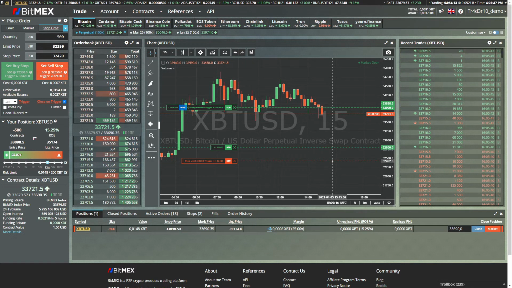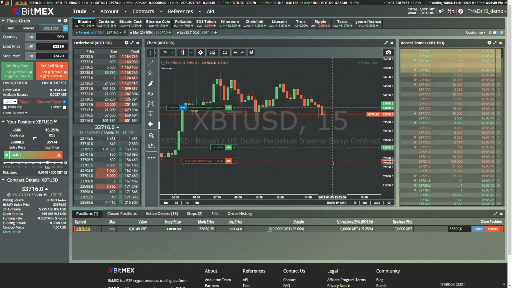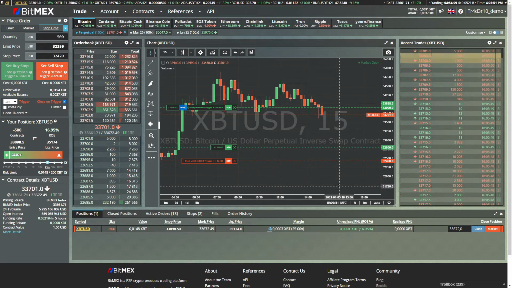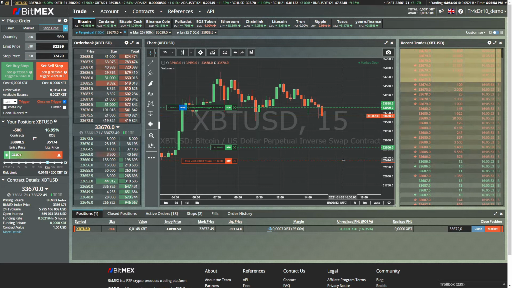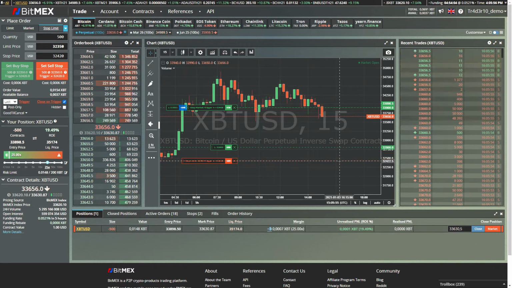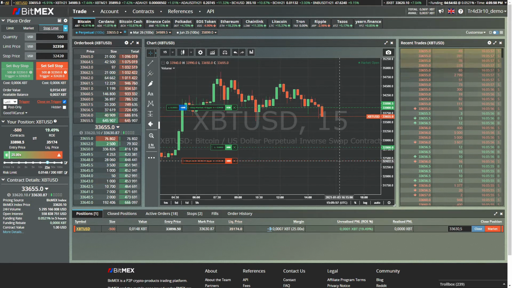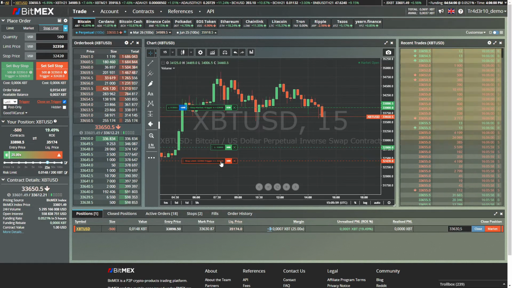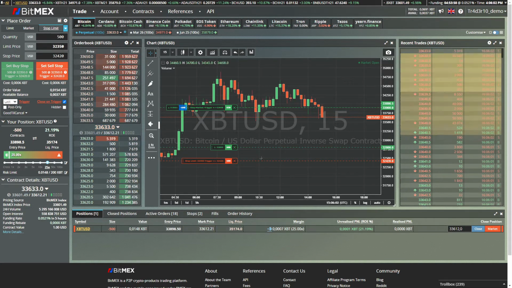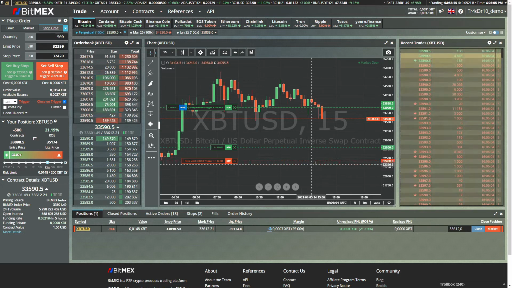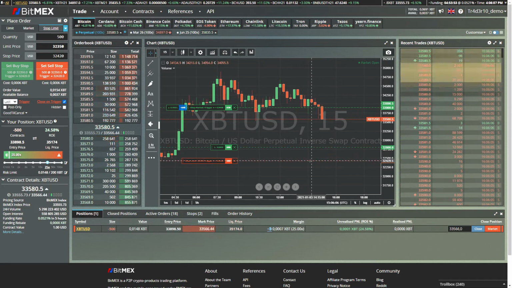If it's a really intense dump, it can just dump more and never come back to the order that is now resting as a sell here. So the order basically got skipped because the distance between the trigger and the actual new order made was too big.